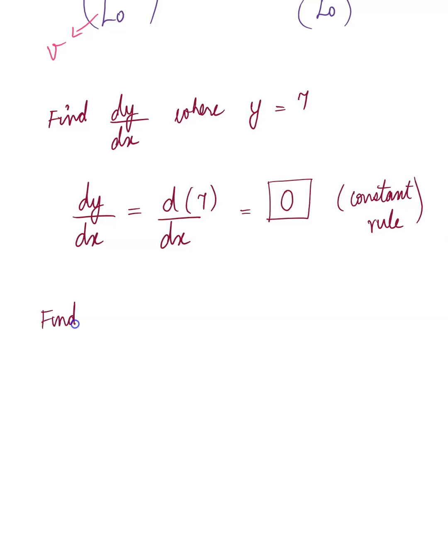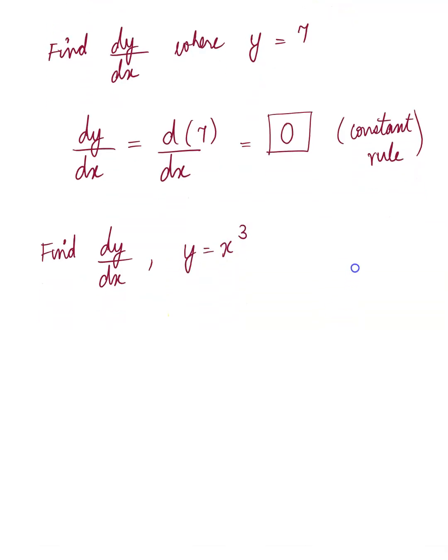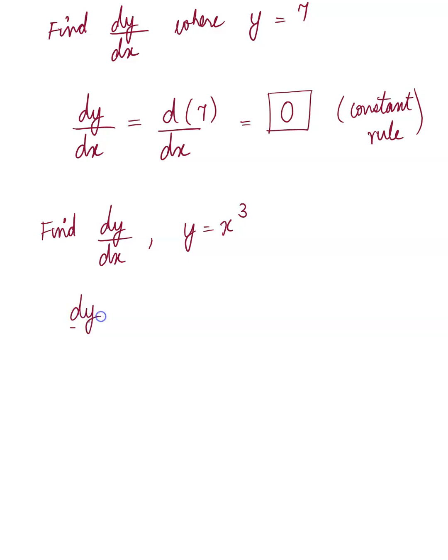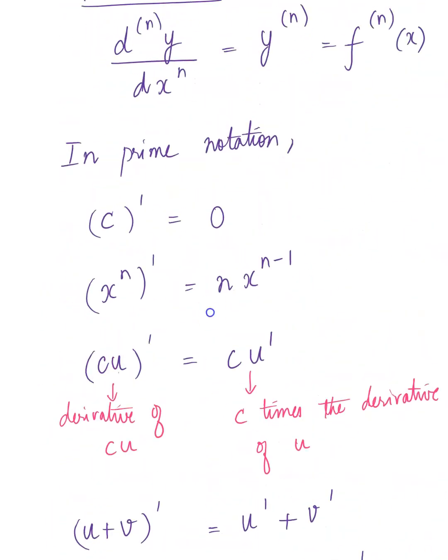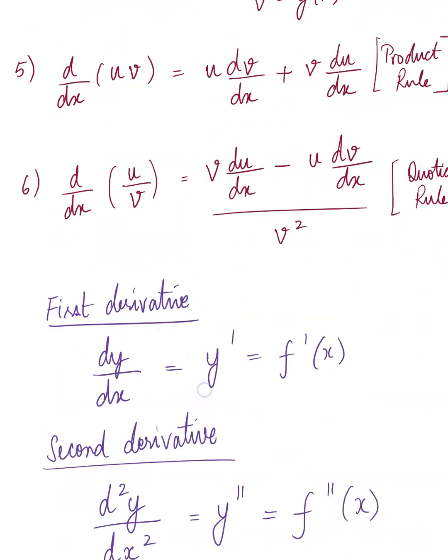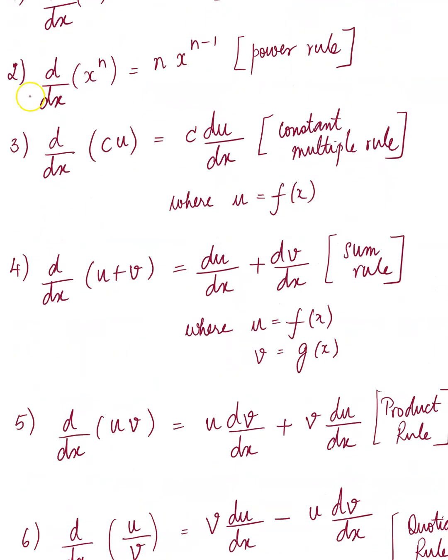Next problem says find dy over dx, and y is given to be x cubed. Once again, dy over dx is what we need to find, and in the place of y, I plug in x cubed. Then I go back to the rule that says if I had x power n, that's the second rule, then the power rule says it's n times x power n minus 1.